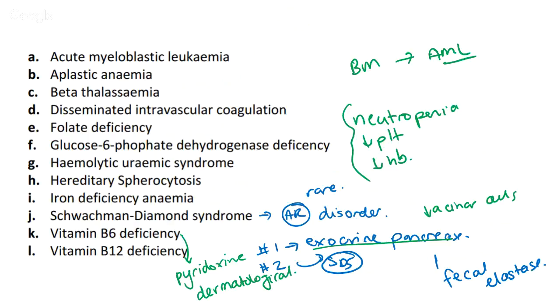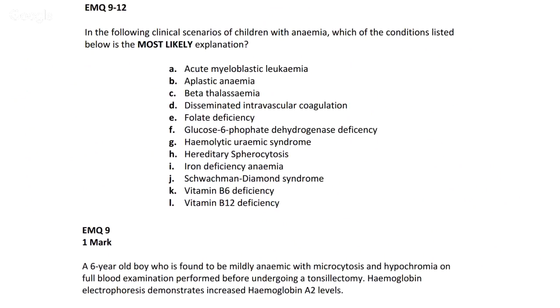Vitamin B6 causes more of a seborrheic dermatitis type of picture. The last one, vitamin B12, I hope you know. Vitamin B12 deficiency causes subacute combined degeneration of the spinal cord, which you need to know, peripheral neuropathy, and also a macrocytic anemia, and it's also associated with pernicious anemia. Just important things to remember.